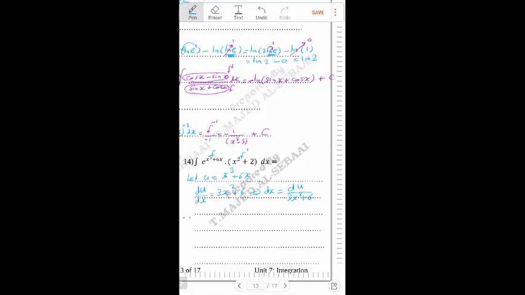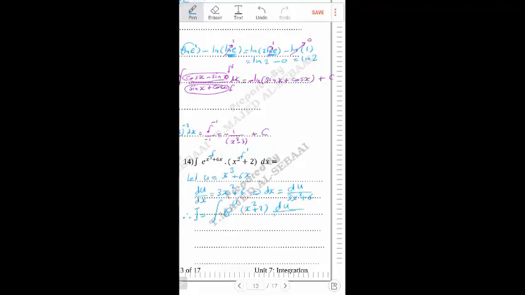Therefore, I equal, what is I? Integration. It will be the integration of e, and instead of writing this, I will write u. Right? It will be e to the power of u, times x squared plus 2, and dx is du over 3x squared plus 6.